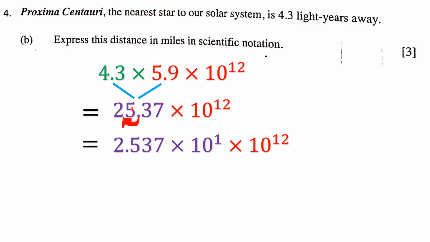And 25 is well over 10. So it's too much; we have to bring it below 10. And it can't be lower than 1 either. So we have to make sure that this number is lowered. So we move the decimal point over, and it's going to be 2.537 times 10 to the power of 1.